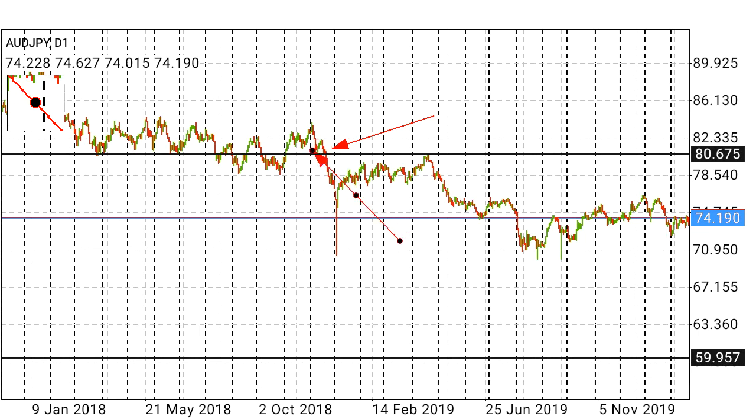After it was broken here, it went all the way down. Then it returned to the same line, which is 80,675. That means this line is very much important for us. It is a line that we need to take into consideration.